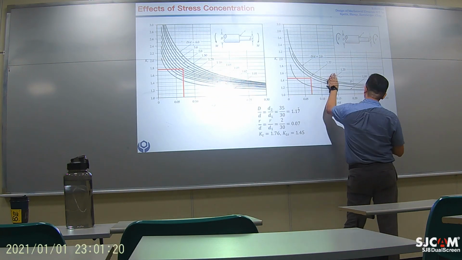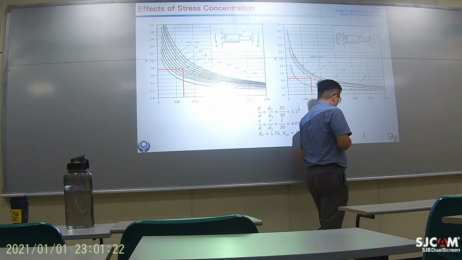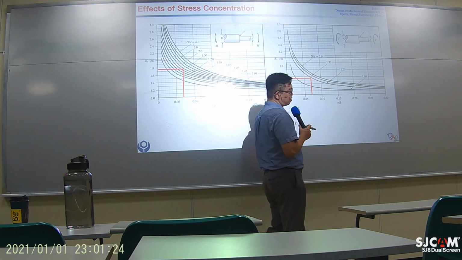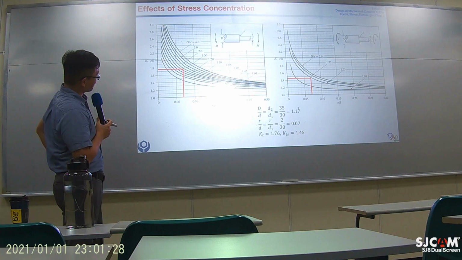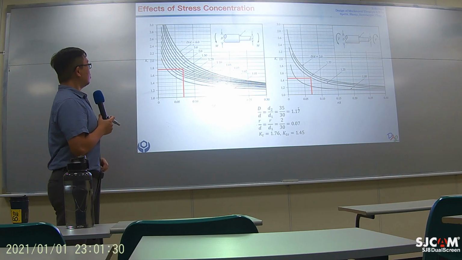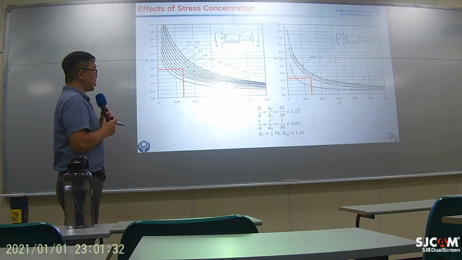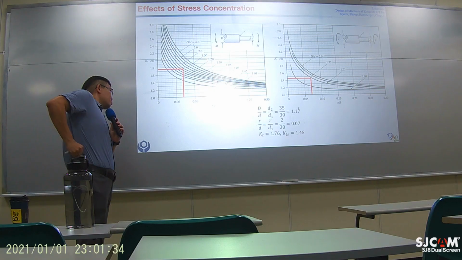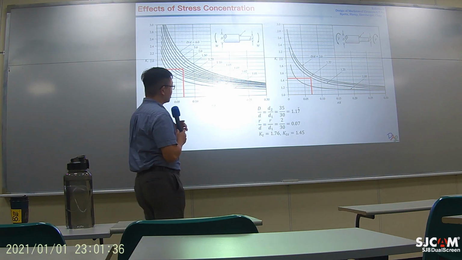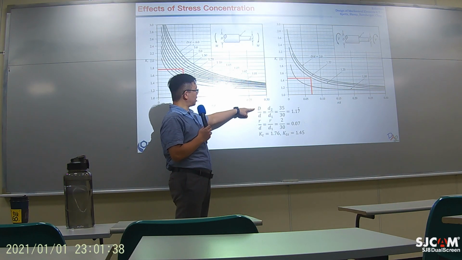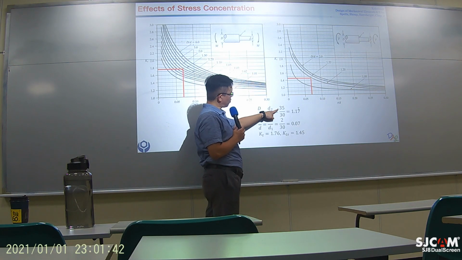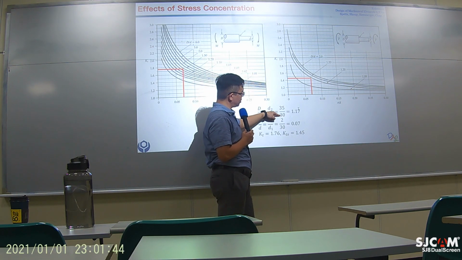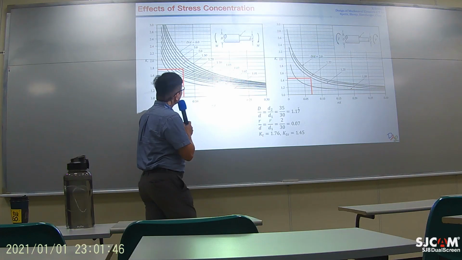Why do we study two tables? Because we have bending and also twisting in this part. Now, the ratio between the big diameter and the small diameter is given by big D over small d. That is 35 over 30, so 1.17.